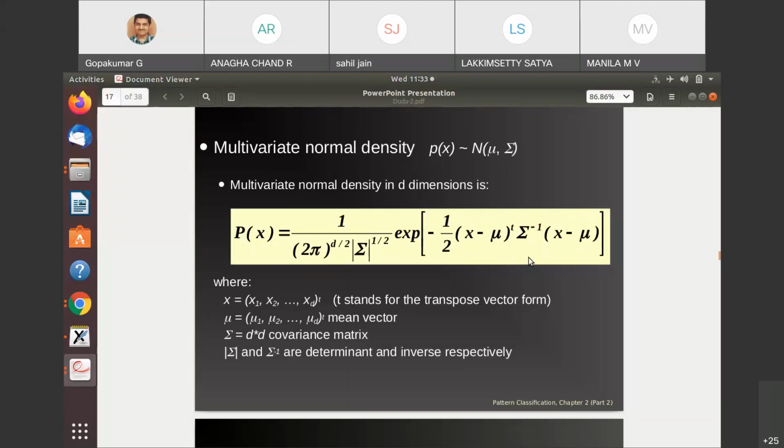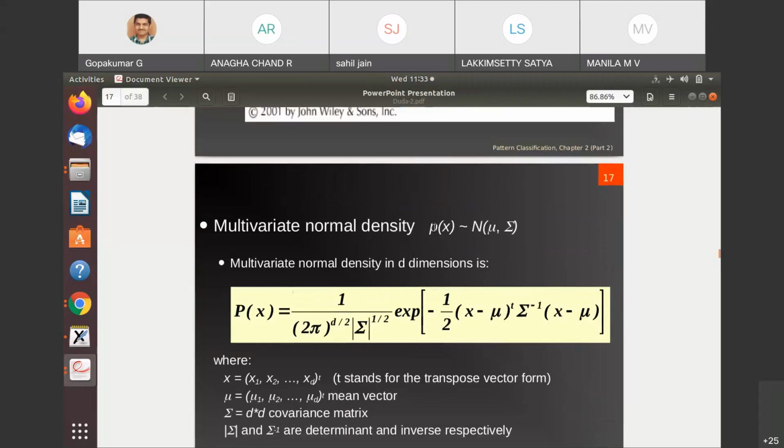If you look at this, it also almost represents x minus mu the whole square by sigma, but as we have to extend this to a d-dimensional feature space, we have this representation. So that is the multivariate normal density. Here we are approximating the probability to a normal distribution.